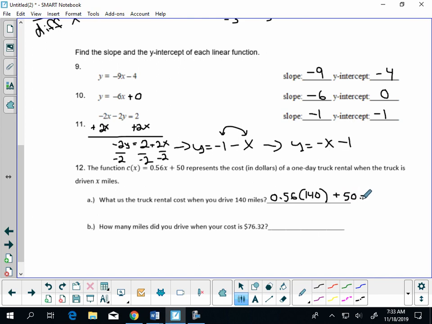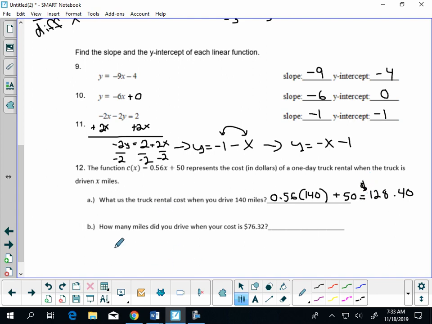That becomes calculator work. You need to do order of operations on this one. So you take 0.56 times 140, and you get 78.4, and then add 50, and you get 128.4. And we're dealing with money, so we need to put a 0 right there, and that's your answer.